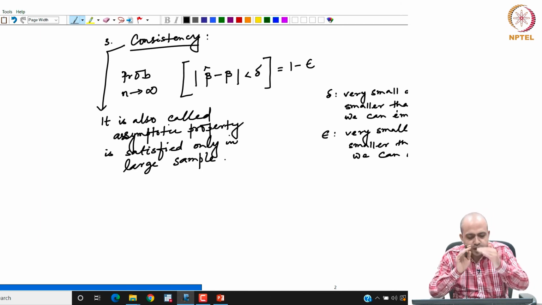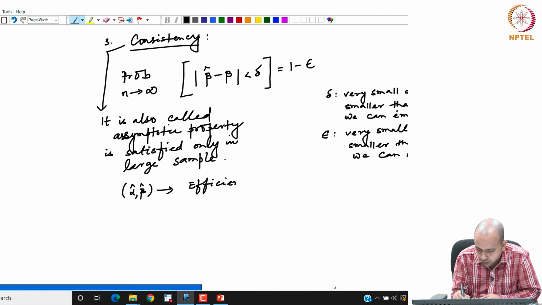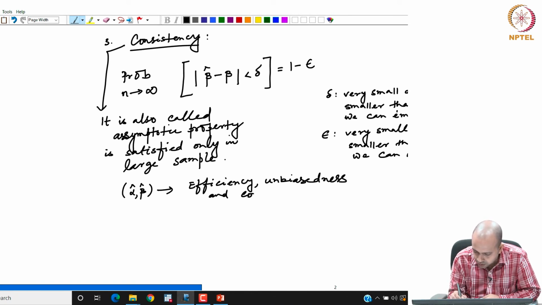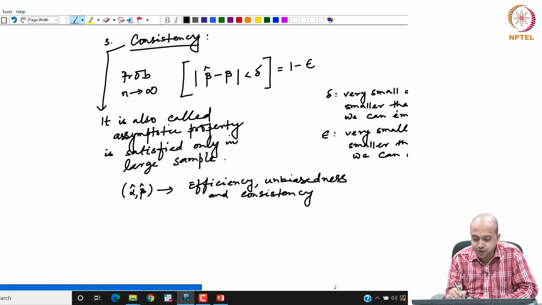So, that means our alpha hat and beta hat should satisfy efficiency, unbiasedness, and consistency. And when will our alpha hat and beta hat satisfy these three properties?